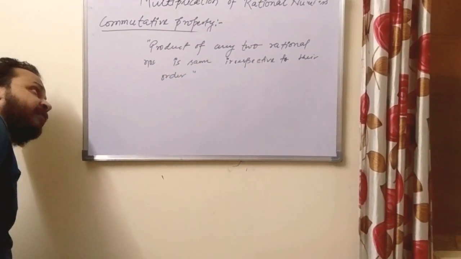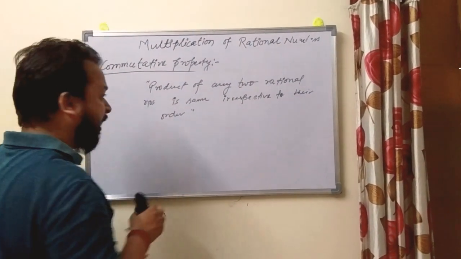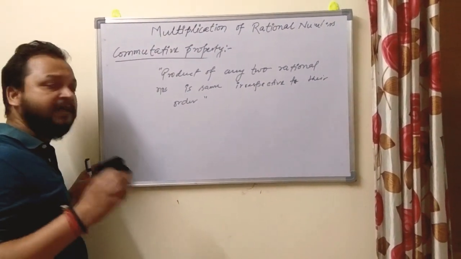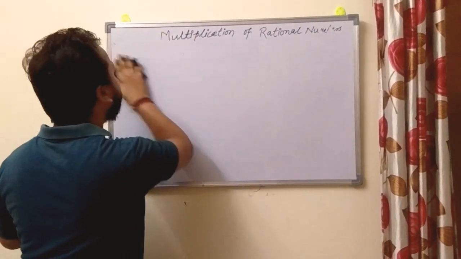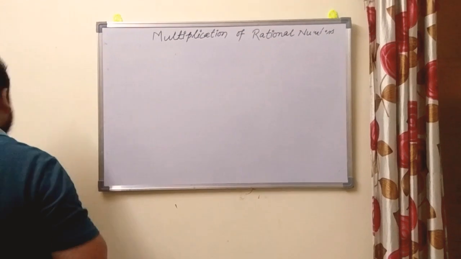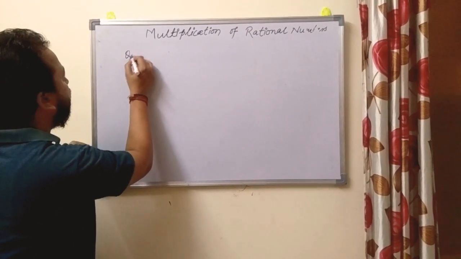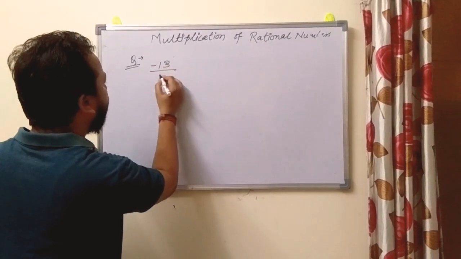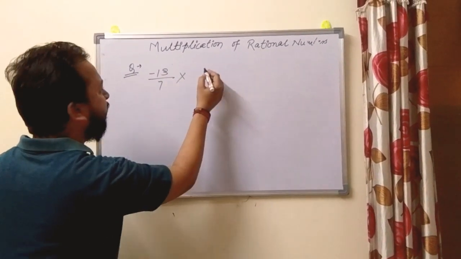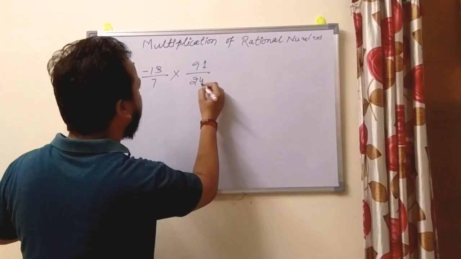Now I'm going to give you some questions to practice and send me the solution. Questions. First one is minus 13 upon 7 multiplied by 91 divided by 24.